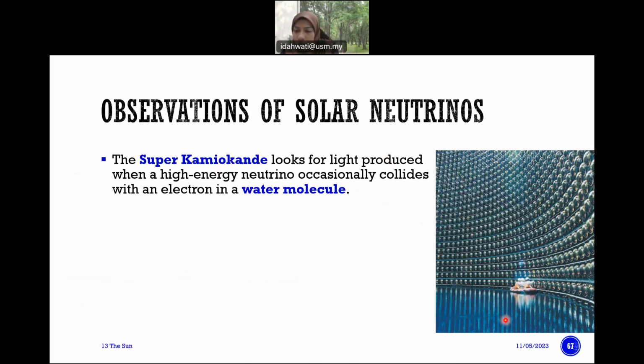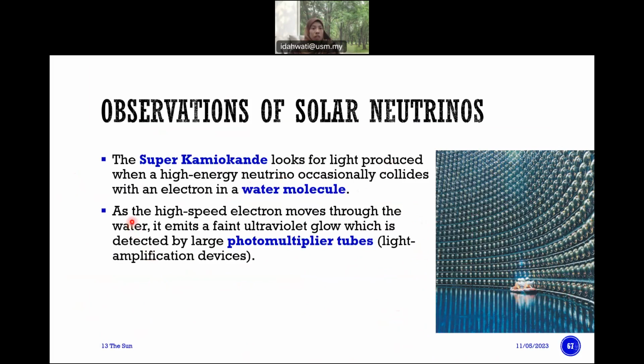This is a picture, maybe from one of the laboratories, of a solar neutrino experiment. As the high-speed electron moves through the water, it emits a faint ultraviolet glow, which is detected by large photomultiplier tubes.